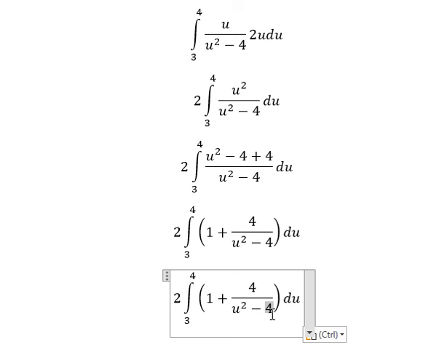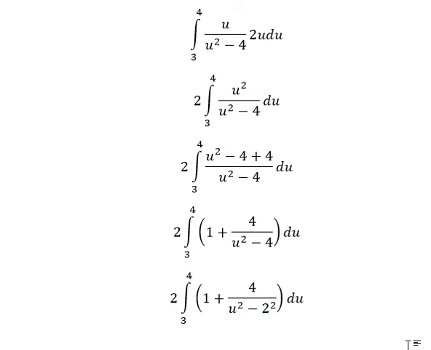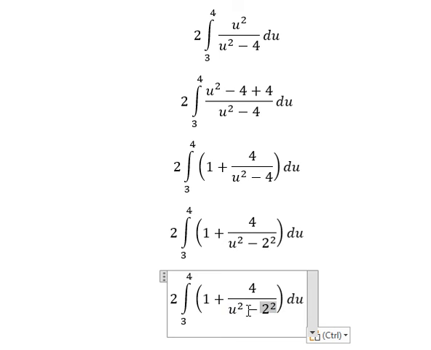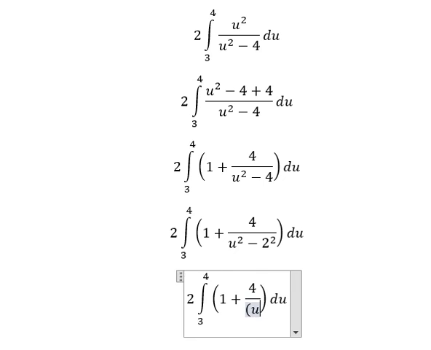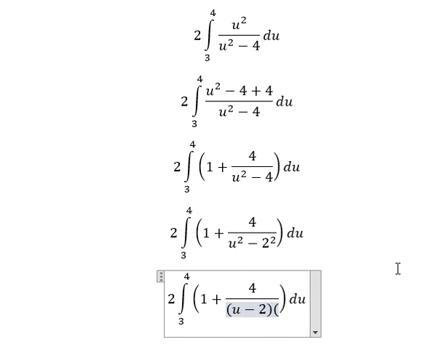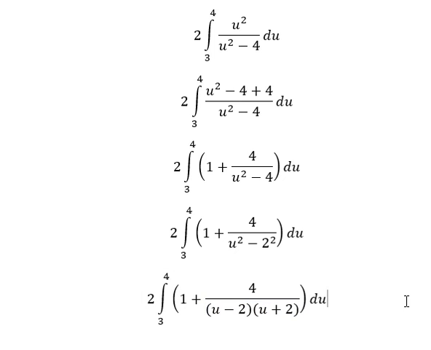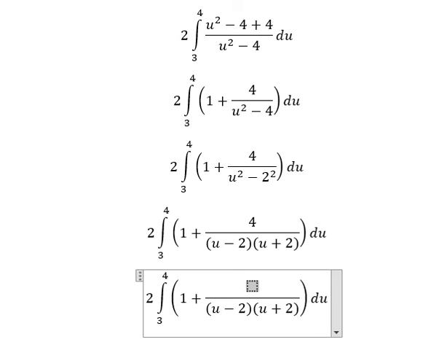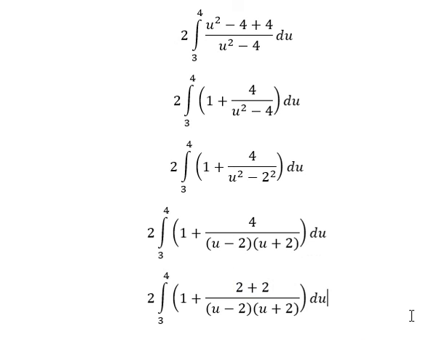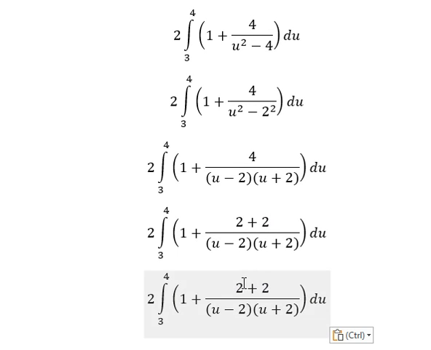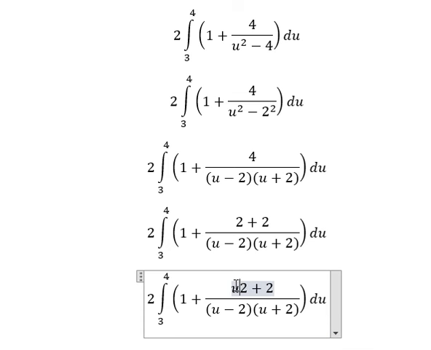So this one is 2 to the power of 2. And we know that this is an identity, and we have u minus 2, u plus 2. Next, 4 is 2 plus 2. Next, I will put u in here.